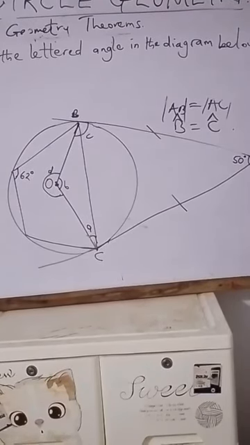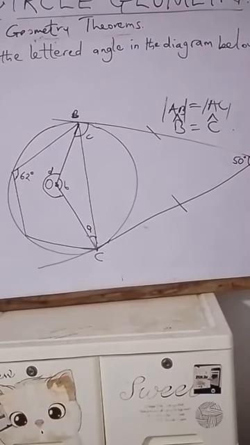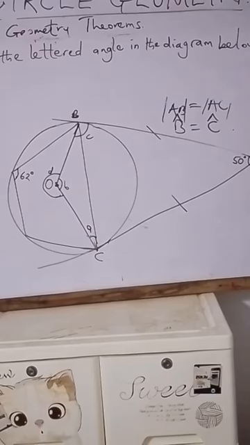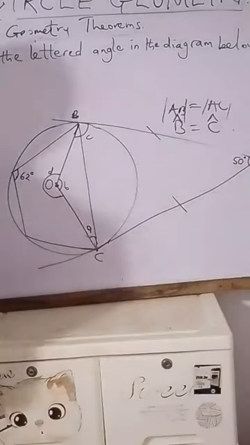I have angle B, angle C, angle D, and angle A. What will be the value of A, B, C, and D? The key to this question is quite simple. Look at angle 62 and angle B.